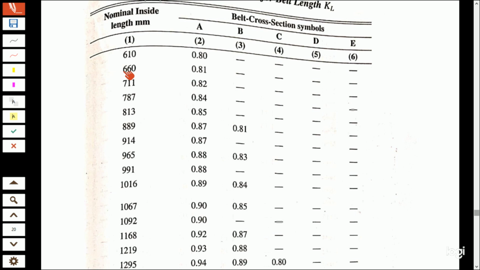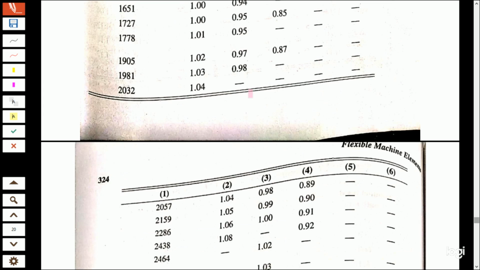Now let us see how we are going to select the value of KL. The cross section that we have selected is B, so we are supposed to look through the third column. Going through for a value of 3370, unfortunately you have values only up to 2032.